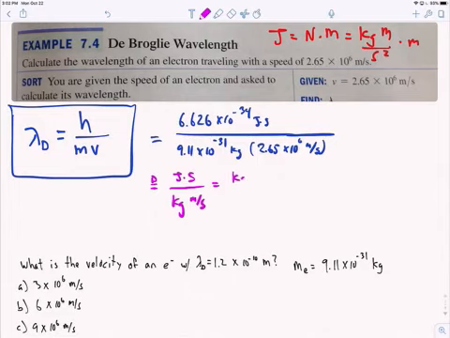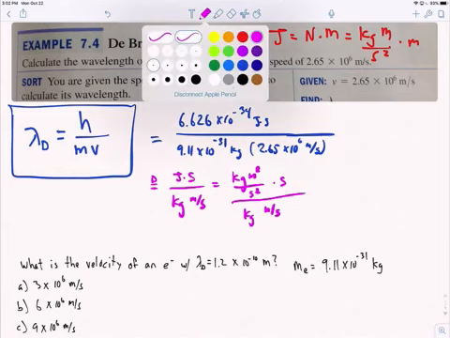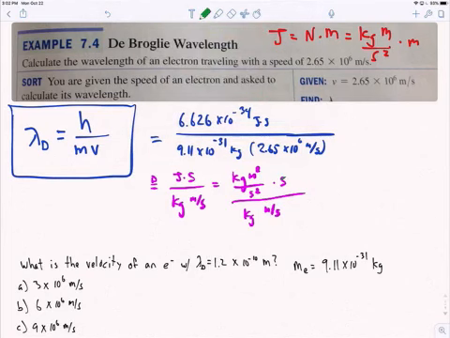So we have a kilogram meter squared per second squared times a second all over a kilogram meter per second. And the inverse seconds cancel, one of the meters cancels, kilograms cancel, and we're left with meters. There's the units.